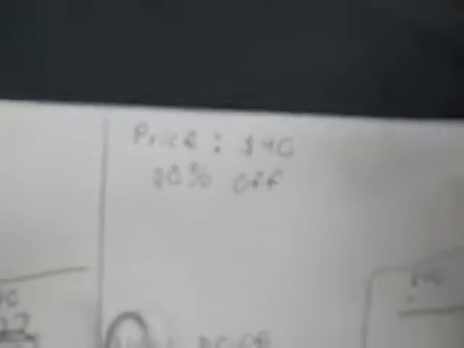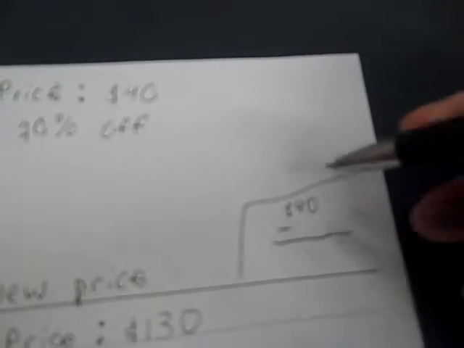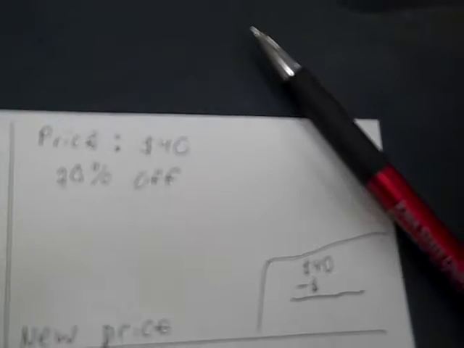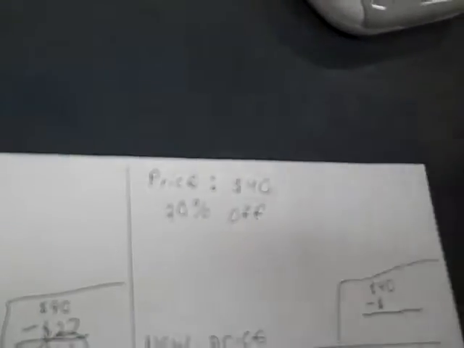Okay, price of something is $40 and it's 20% off. So I know I can take $40 minus some money, but I don't know how much. Don't put 20, because we have to convert the 20% to find out how much money that is. So I take my percent, 20, and divide by 100, so 0.2.